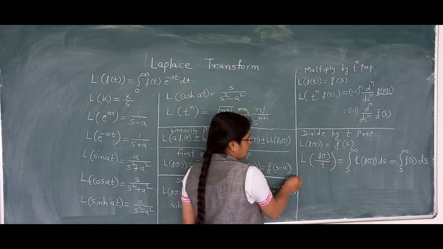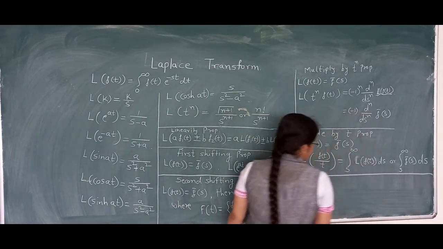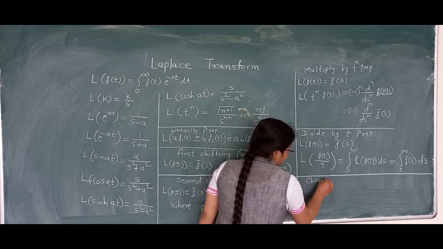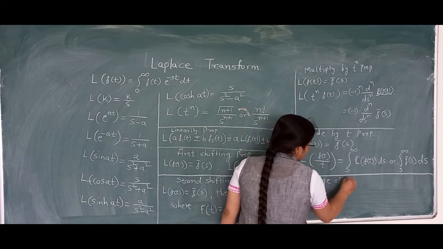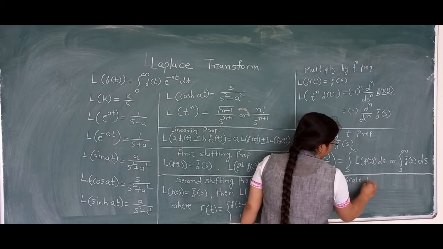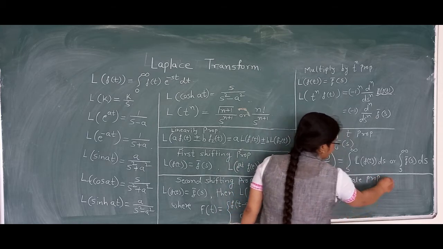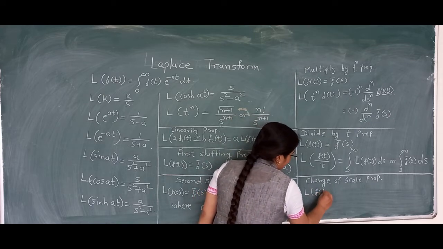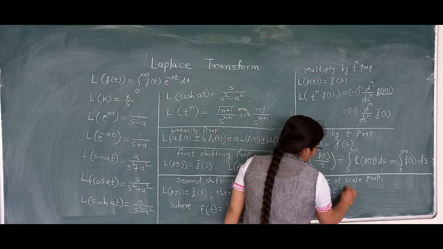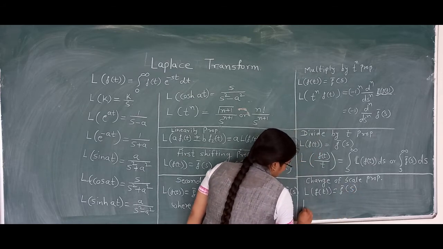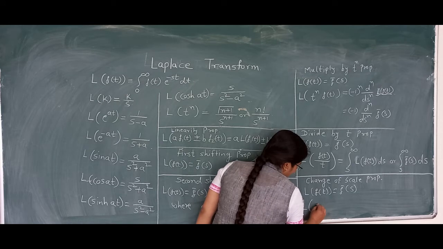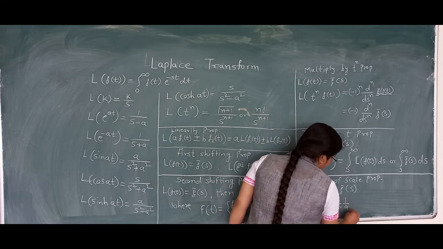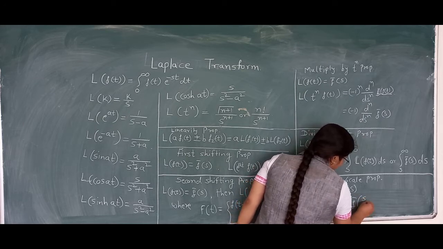One more property that we saw in previous lectures is the change of scale property. What is that property? If Laplace of f of t is equal to f bar of s, then Laplace of f of a t is 1 upon a f bar of s upon a.